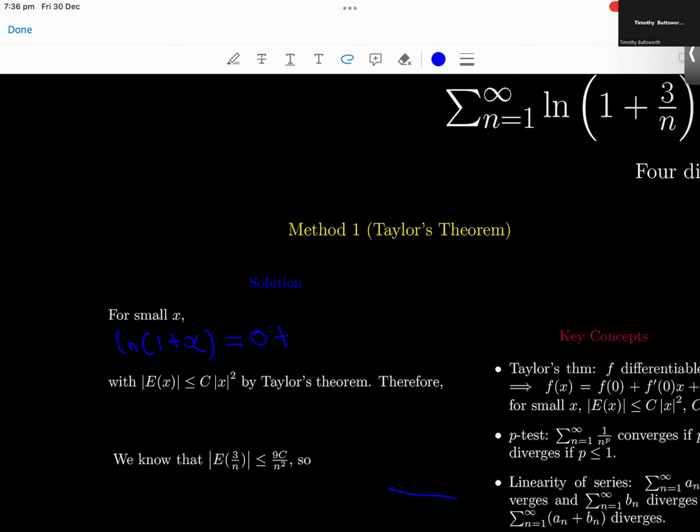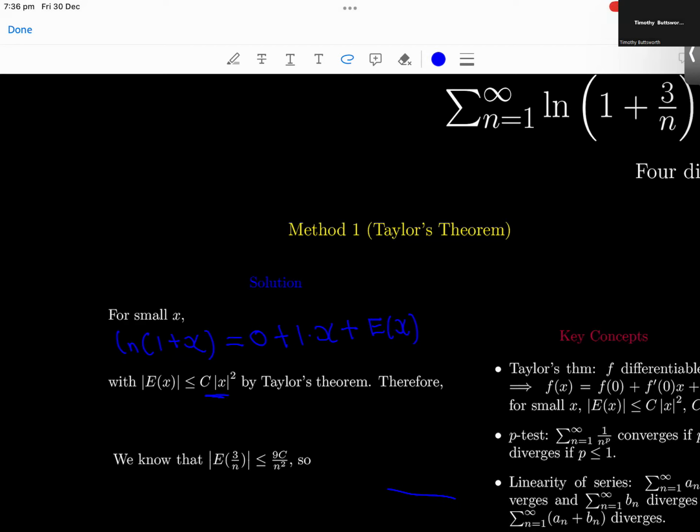The first derivative is 1. And so using Taylor's theorem, we can write that the natural logarithm of 1 plus x is just equal to 1 times x plus an error term, e of x. We don't know much about e of x, but we do know that its absolute value is controlled by c times the absolute value of x squared.